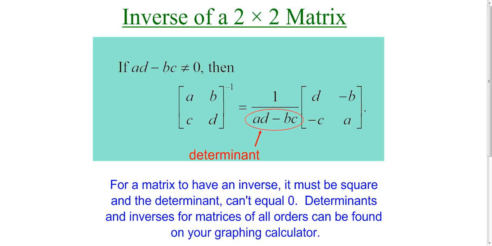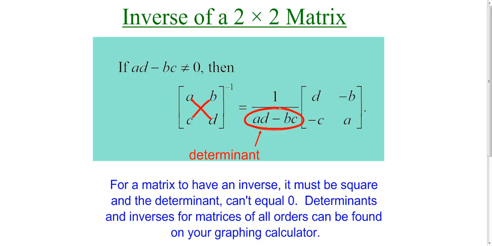And the other thing is to find the determinant, and the formula to find the determinant is right down here. To find the determinant, I take this diagonal and multiply it. And so A times D, and then I subtract this diagonal, B times C. That's my determinant that it's called.